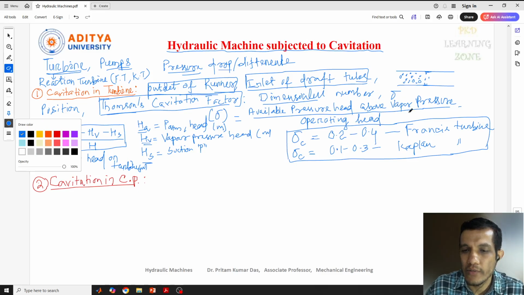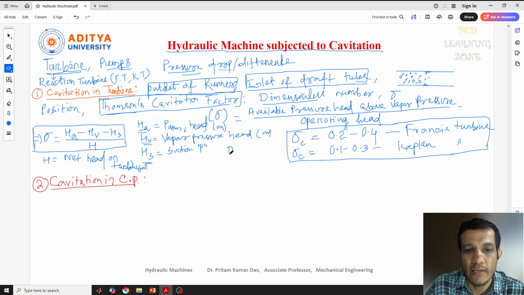So this Thomson's factor depends on which kind of turbine it is. This value is what I told you. It depends on the different types of turbines, whether it is a Francis turbine, Kaplan turbine or propeller turbine.